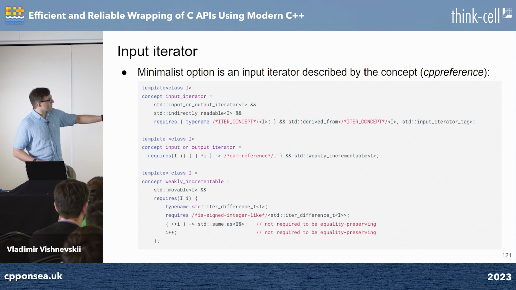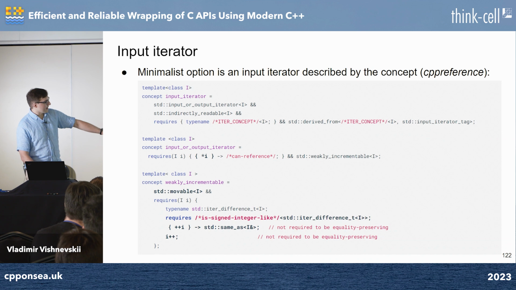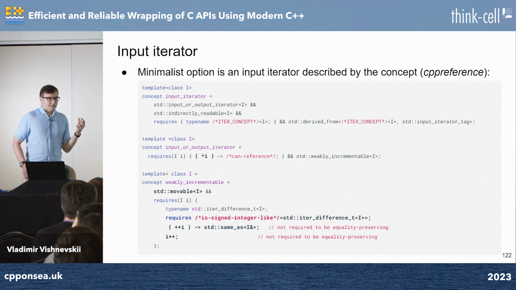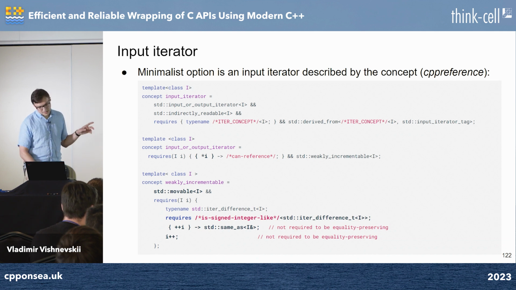So here, for example, for input iterator, there is some redundancy, but generally speaking, the iterator should have the increment operations. It should be movable. It also should be dereferenceable. The input iterator concept doesn't require comparison between two iterators. The legacy input iterator named requirement requires this, but the concept does not.